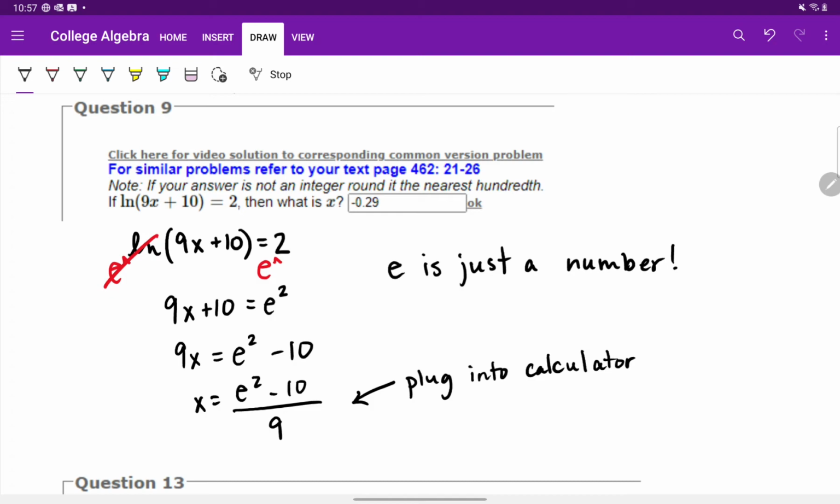And if your calculator just so happens to not have the button, if you're using a very basic calculator, you can usually estimate by just using 2.71 as E. And that will give you your decimal number. You end up with about negative 0.29. The instructions tell you to round to the nearest hundredth, so try to get it as accurate as they ask you to get it, and rounding might be necessary.